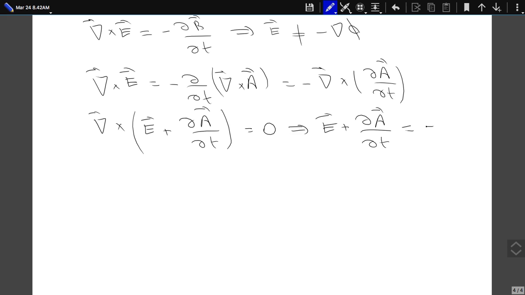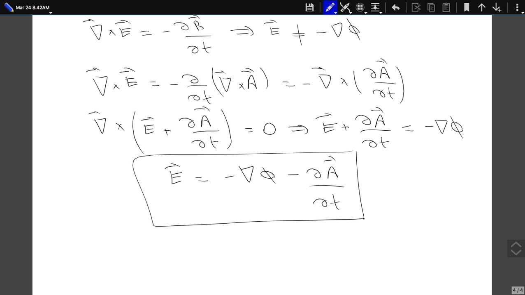But if a vector field has zero curl, it can always be written as the gradient of some function. So this tells me that E plus del A by del t is equal to minus the gradient of some function, or the electric field is minus the gradient of phi minus del A by del t. You see, in electrostatics, where nothing depends on time, we just recover the ordinary electrostatic potential.